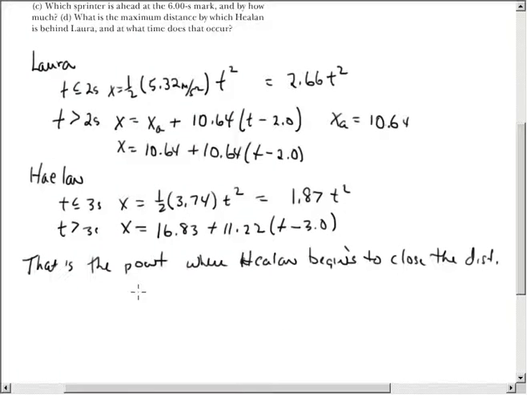That will be the point at which the velocity of Helene will be equal to 10.64 meters per second, which will be equal to 3.74 meters per second squared times time.